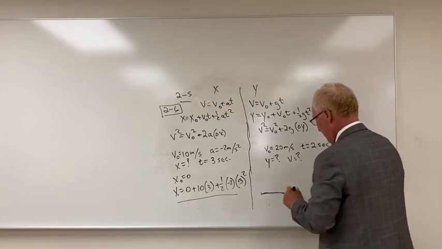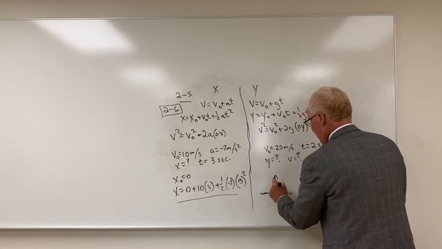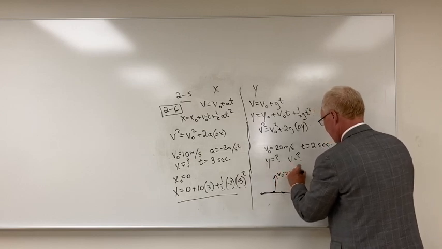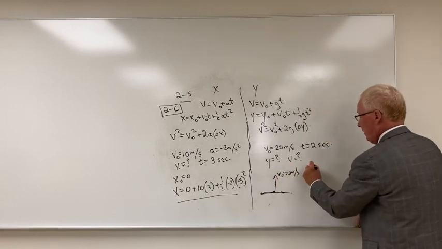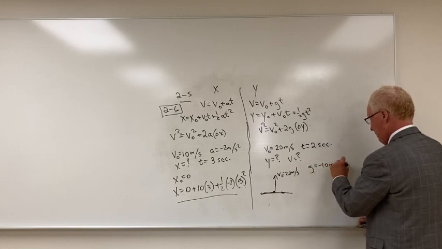Let's just try that. So we take a ball, we throw it upwards at v0 is 20 meters per second. I'm going to use g as minus 10 meters per second squared.